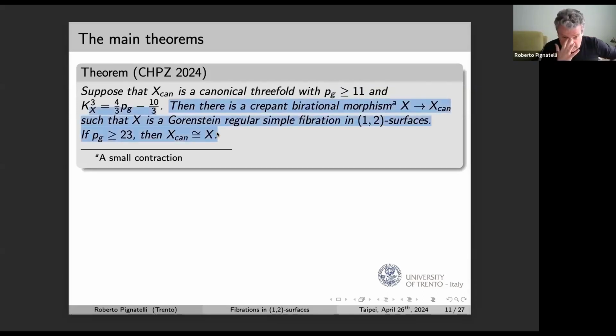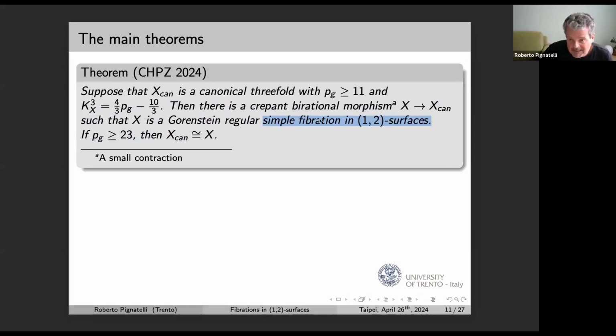And what is this? Up to a little transformation, I can see that X is a simple fibration. Let me read it a little bit backwards. Then X is a simple fibration to surfaces. So we have this map, which was already mentioned in the first slide when I mentioned the beginning of the proof of the Chen Zhang result.